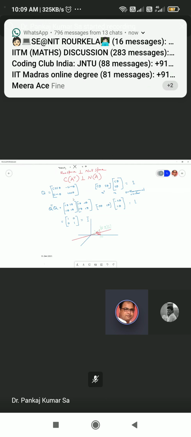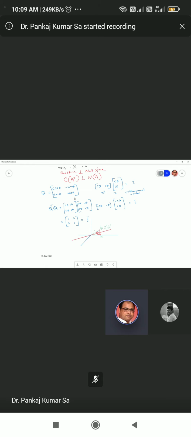Then we came across this particular orthogonal matrix. This is one of the famous orthogonal matrices, otherwise known as the rotation matrix. Now if you analyze each column of this, x transpose x is equal to 1, and for both the columns it will be the same.